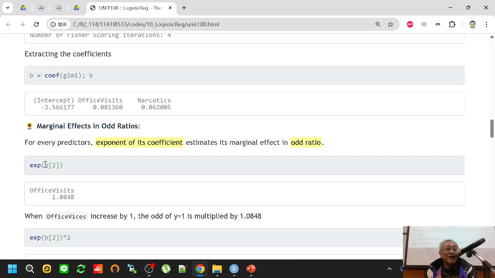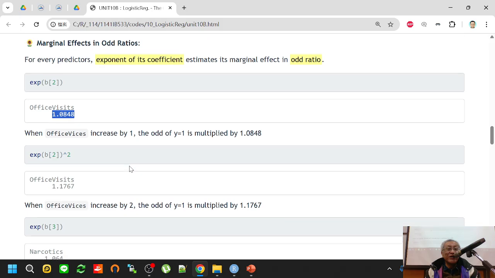So when we take the exponent of this coefficient, you need to multiply this to the odds of y equal to 1. Which means that when office visit is increased by 1, the odds of y equal to 1 would be multiplied by 1.848.